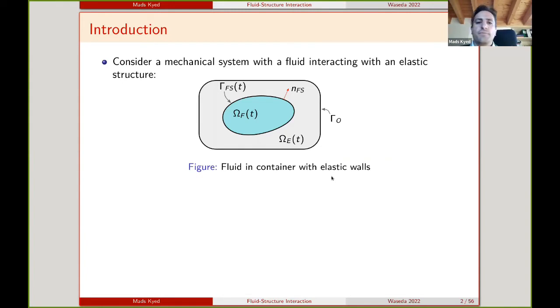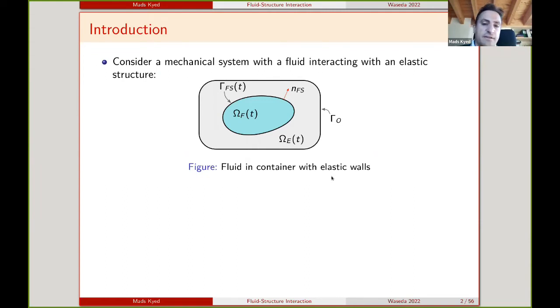Solid and structure. So when we have a mechanical system with a fluid and an elastic structure, in which the fluid and the elastic structure interact with each other, in this case, we have a fluid structure interaction system.